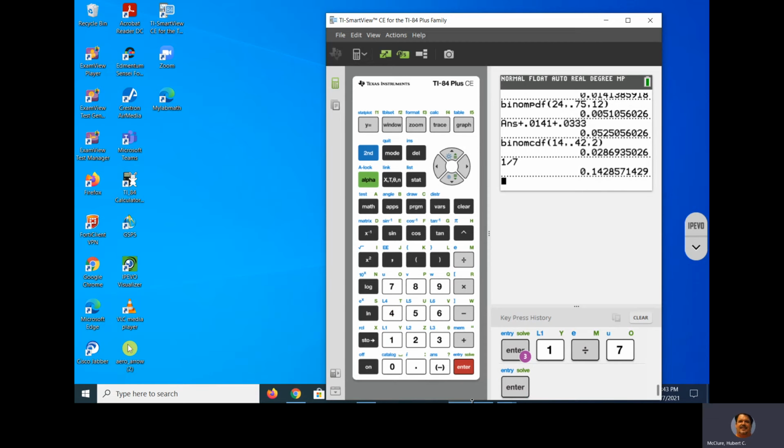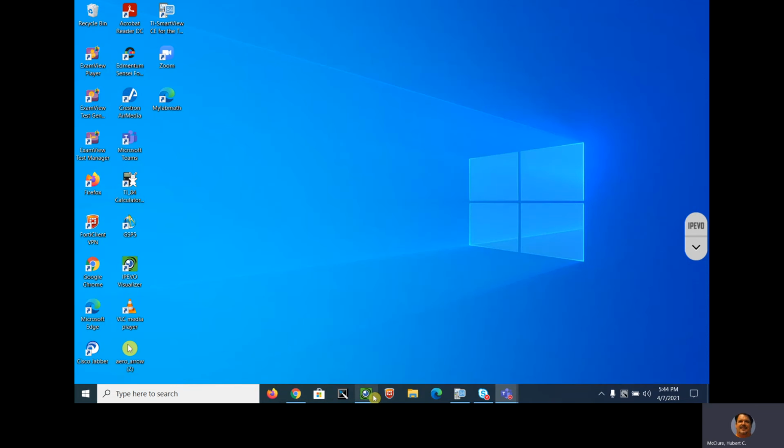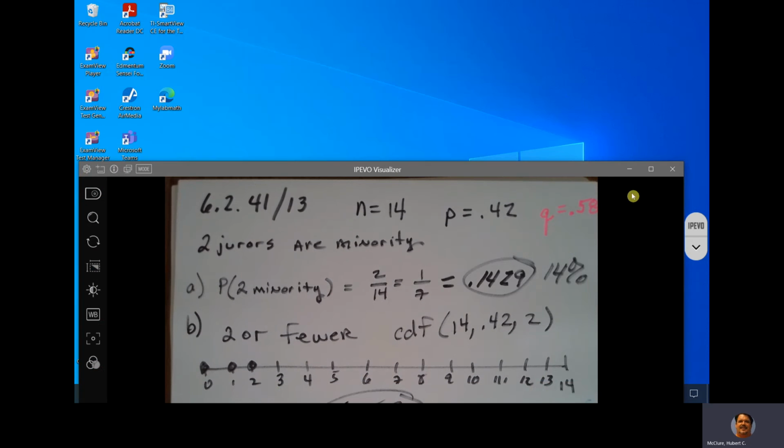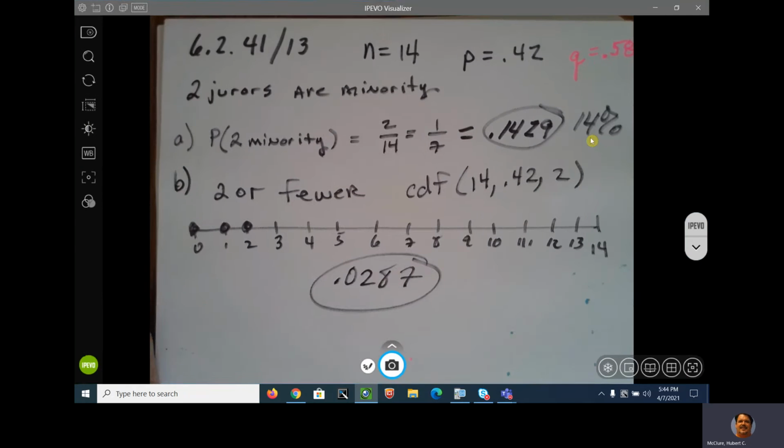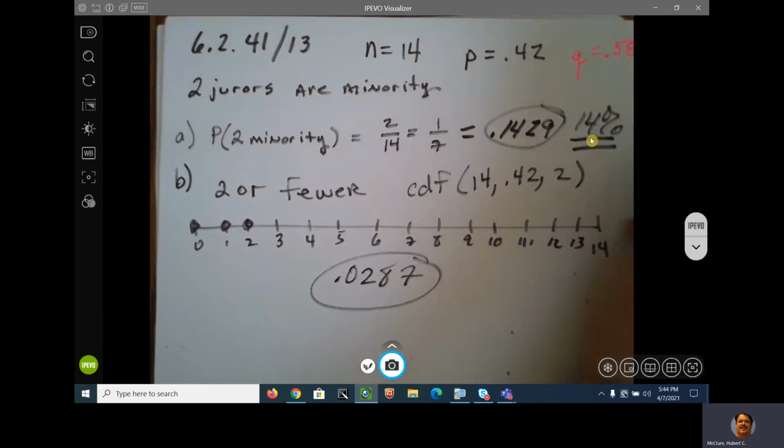So you've got a 14% chance that the 2 minorities you have are going to sit on the jury. The 2 minorities that are on jury duty right now, you have a 14% chance that they are going to be on that jury.